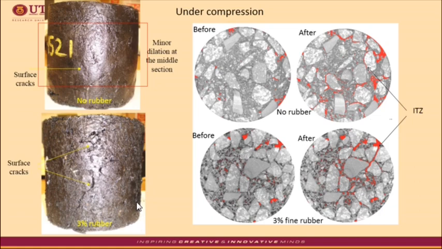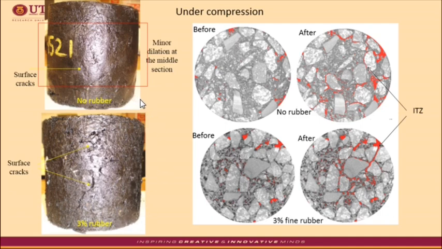All the results appeared to confirm the dilation phenomenon that occurred at the middle section of the specimen very well. Furthermore, at 3% rubber content, the sample has less damage than the damage caused to the control specimen.